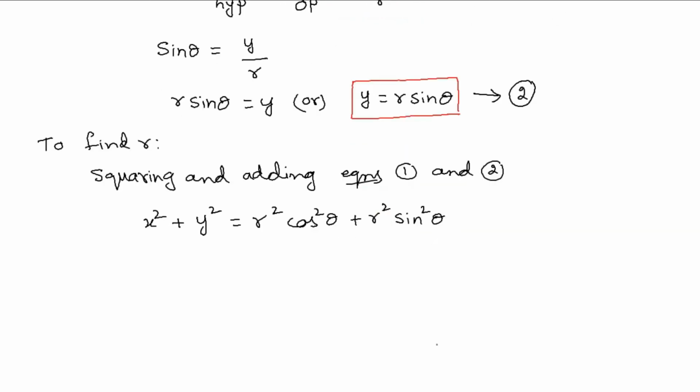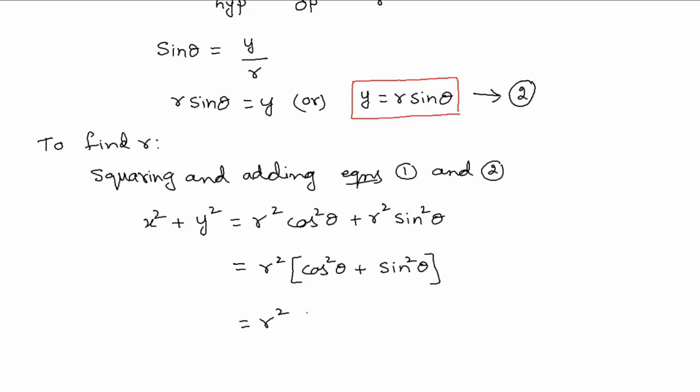What is common over here? Common is r square. If I take r square as common, I'll be left with cos square theta plus sine square theta. But we know cos square theta plus sine square theta equals 1. So it is 1 times r square, which is r square.